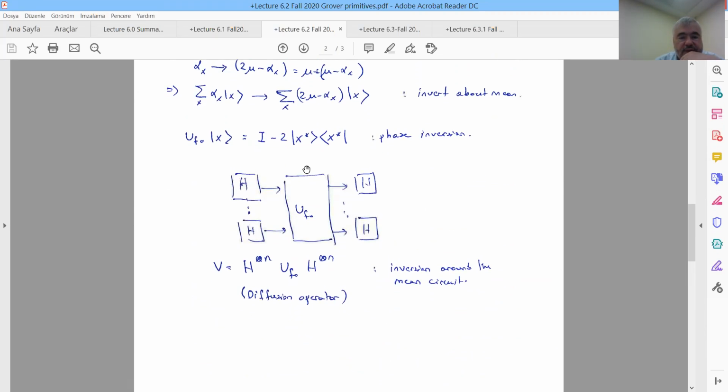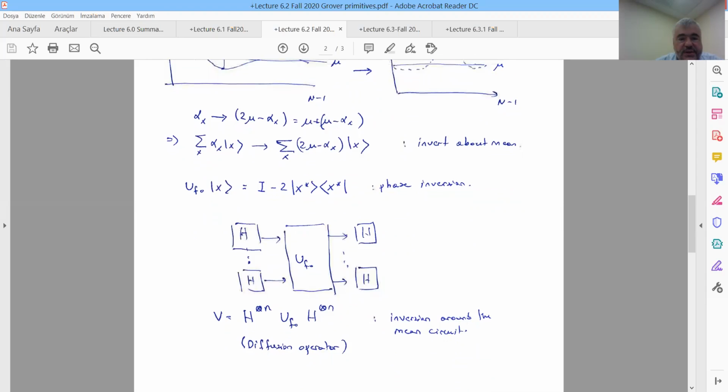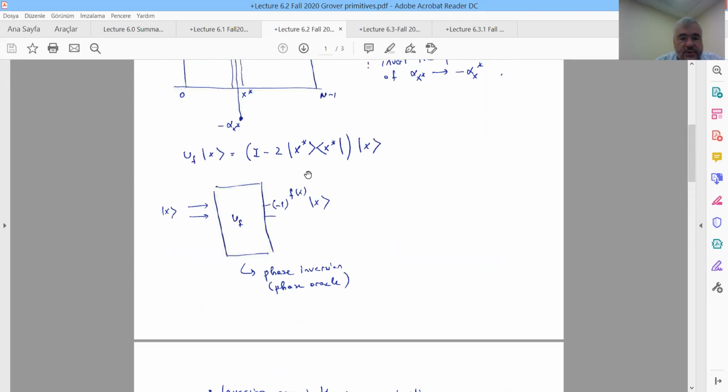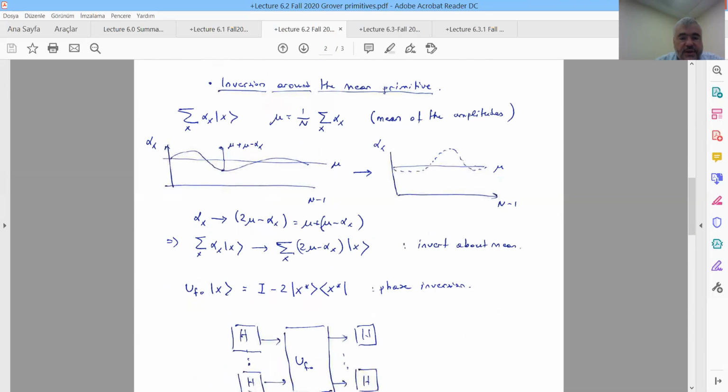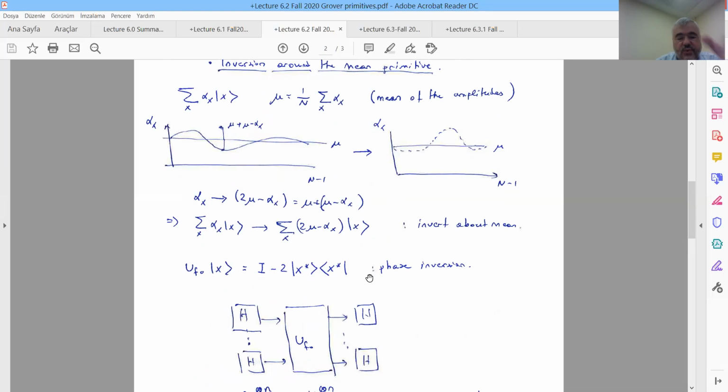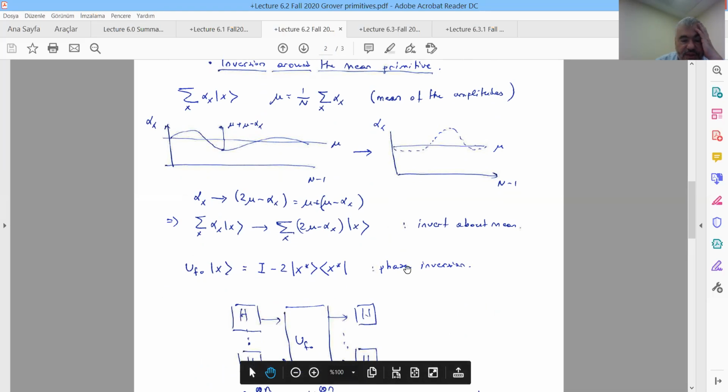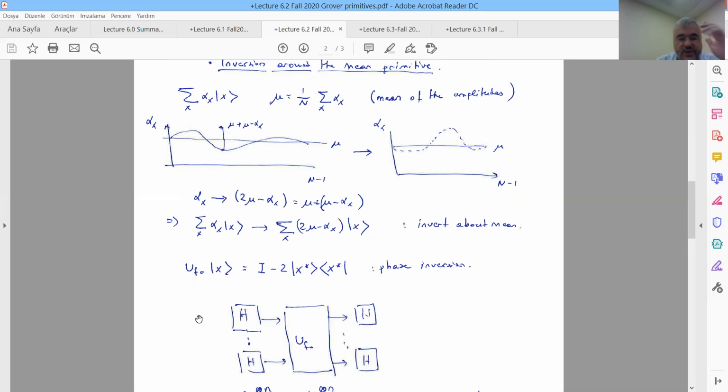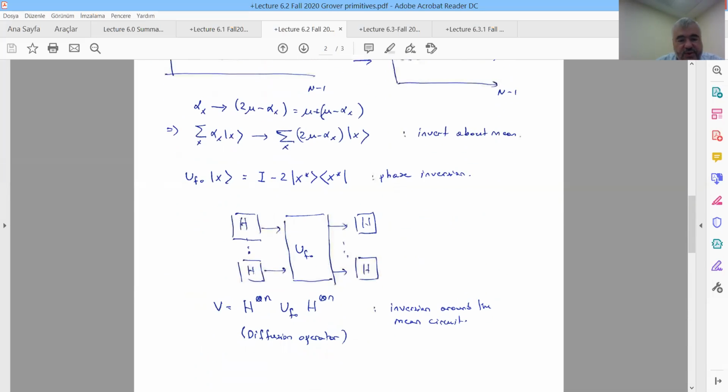Okay, so this was the phase inversion. I'll discuss it in more detail when I go over the algorithm. But there is also an inversion around the mean. The way we could represent this operation in an operator form, we'll discuss shortly when we get into the details of the algorithm.